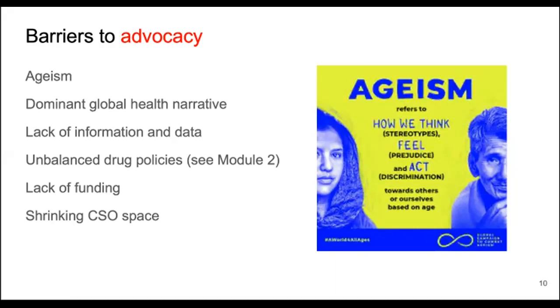And again, unbalanced drug policies and negative social attitudes towards medical opioids often shut down conversations about essential palliative care medicines for older persons with palliative care needs. And last but not least, shrinking civil society space is something we can only tackle by banding together and joining organizations with similar agendas.